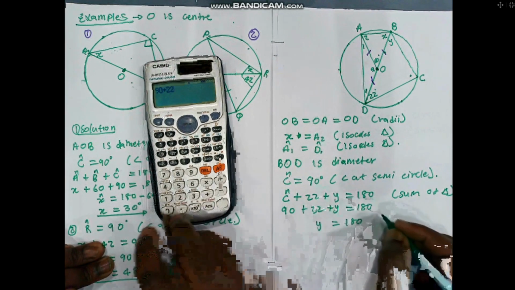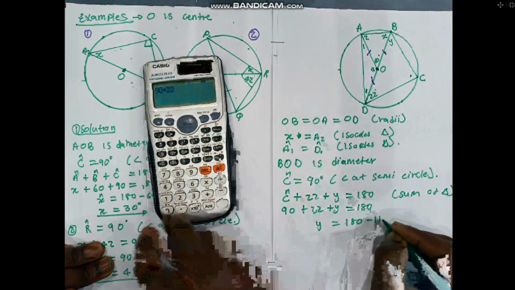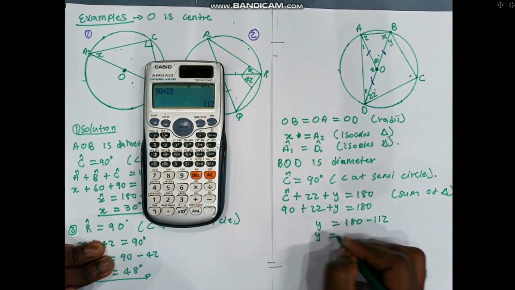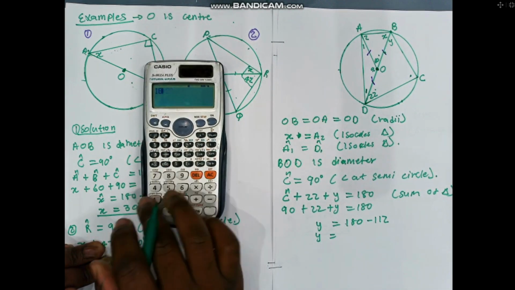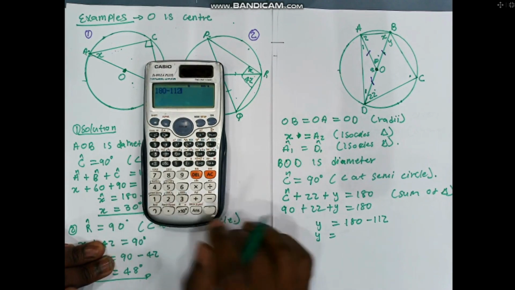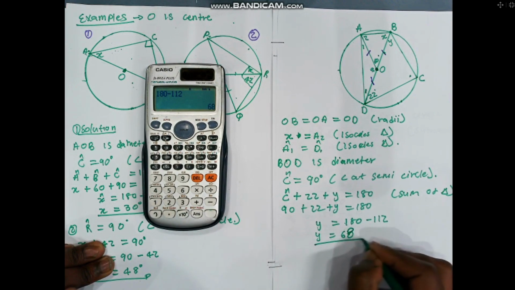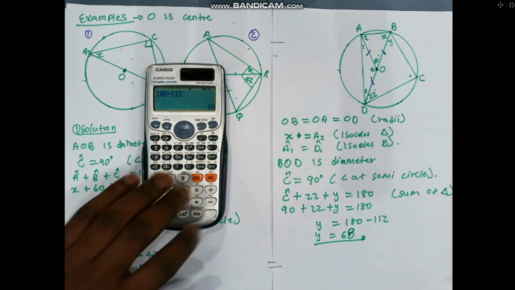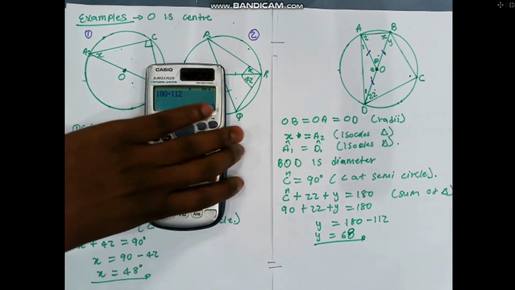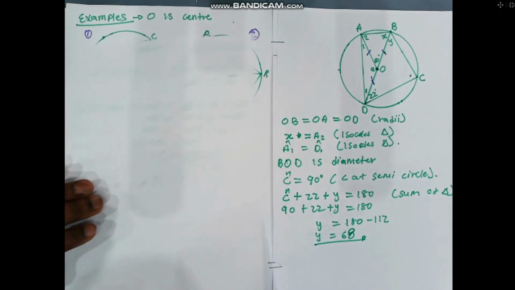I add 90 and 22, I get 112, so y is equal to 180 minus 112, which is 68.